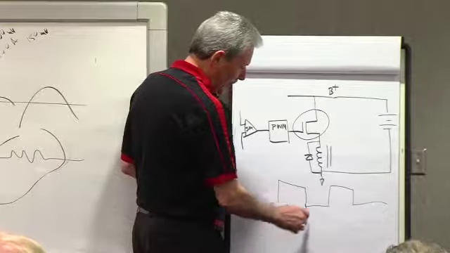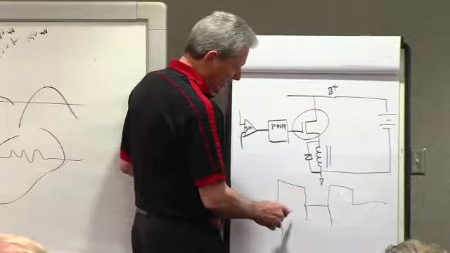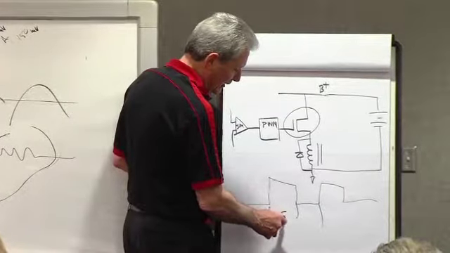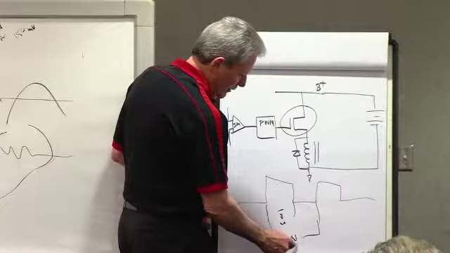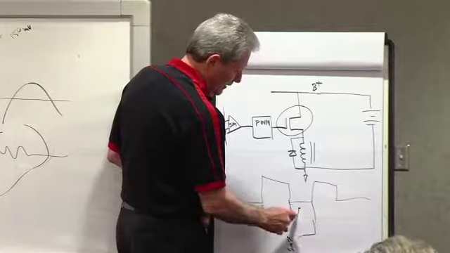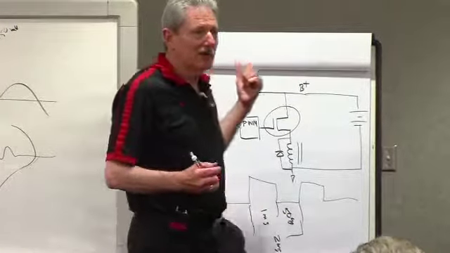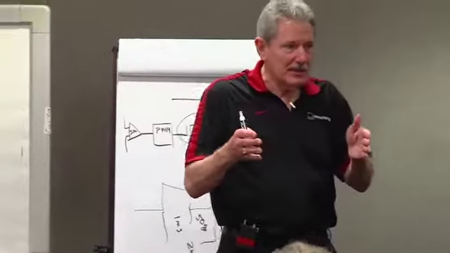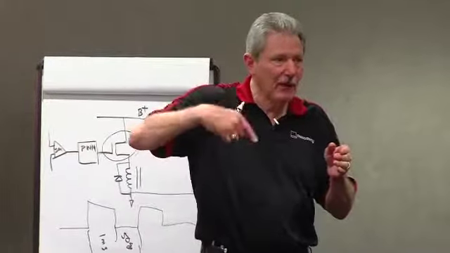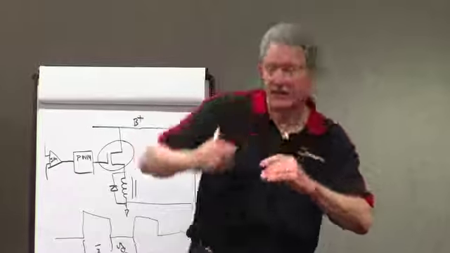This is on, this is a full period. In this case, this is 1 millisecond. This is 2 milliseconds. So this is a 50% duty cycle, which goes back to what I said earlier. At a 50% duty cycle, half of the voltage is impressed across the field.